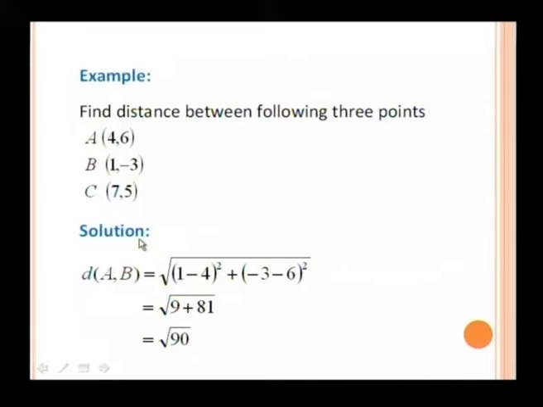For the solution, let's find out the distance between the first 2 points, A and B. Putting the coordinates of A and B in the distance formula, we get distance AB equal to the square root of (1 minus 4) whole square plus (-3 minus 6) whole square, which results in the square root of 90.